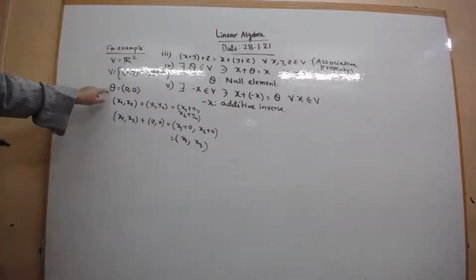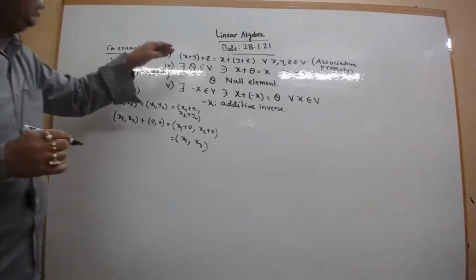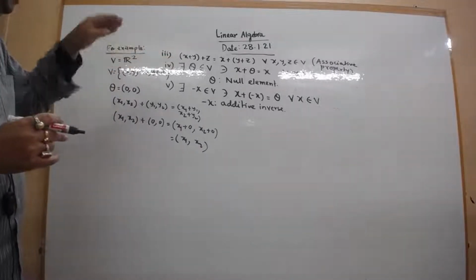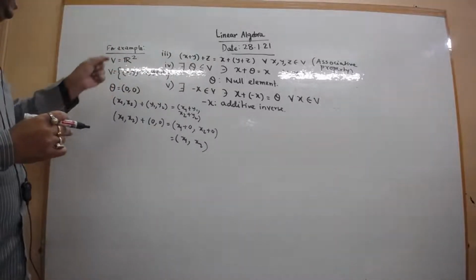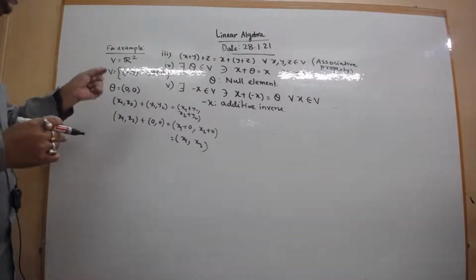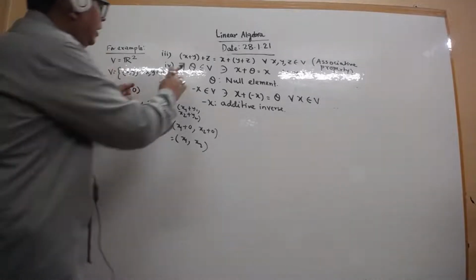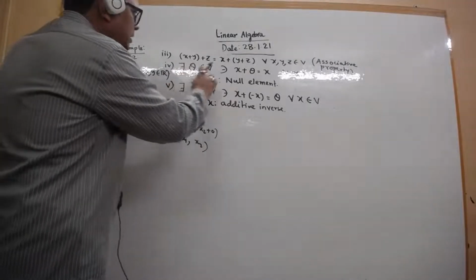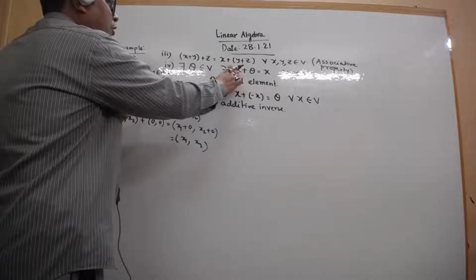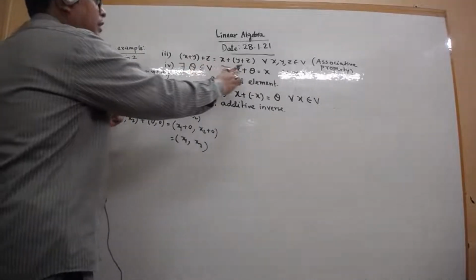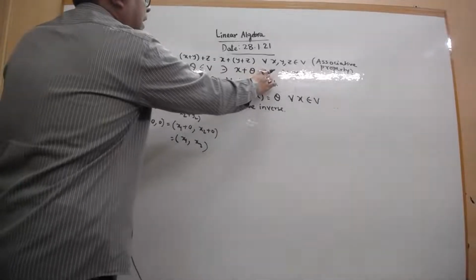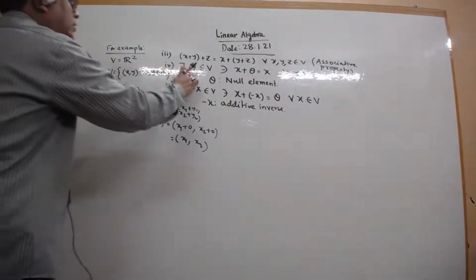So null element means that if V is a vector space, then there exists an element such that if you add this element with any element of V, you get the same element. Then this element is called theta.